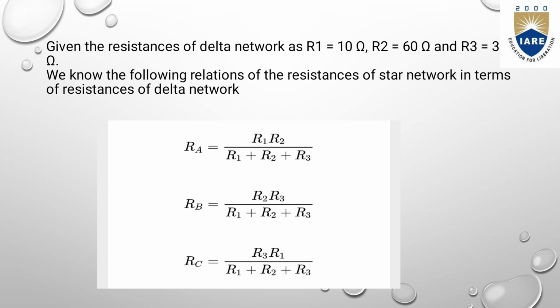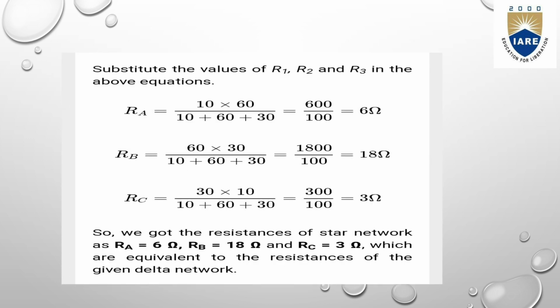RA is R1 R2 by R1 plus R2 plus R3. RB is R2 R3 by R1 plus R2 plus R3, and RC is R3 R1 by R1 plus R2 plus R3. Now we'll substitute the values of R1, R2 and R3 in the above equations. RA is equal to 10 into 60 by 10 plus 60 plus 30, that is equal to 6 ohms.